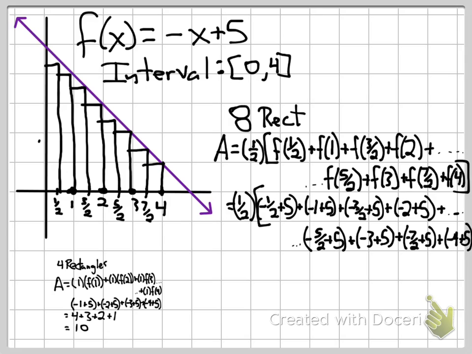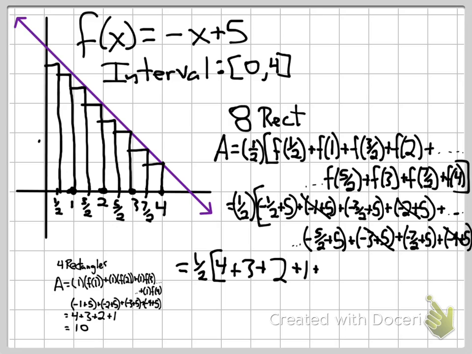Now I'm going to get the whole number ones knocked out of the way. So I have the 1/2. Negative 1 plus 5 is 4. Then negative 2 plus 5 is 3. Negative 3 plus 5 is 2, and negative 4 plus 5 is 1. Looking at our fractional ones, we have to remember 5 in halves would be 10 halves.